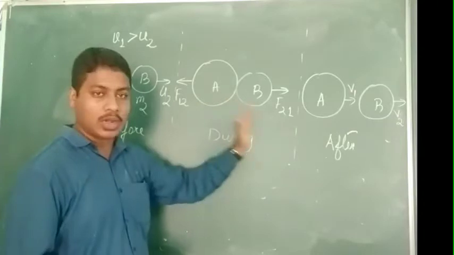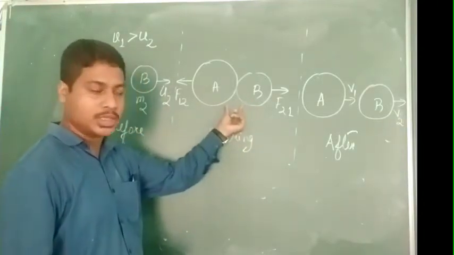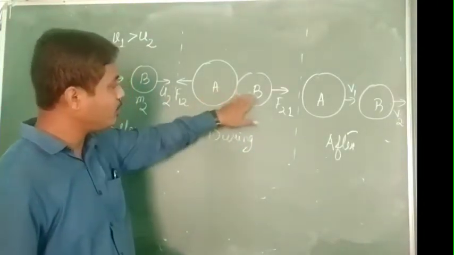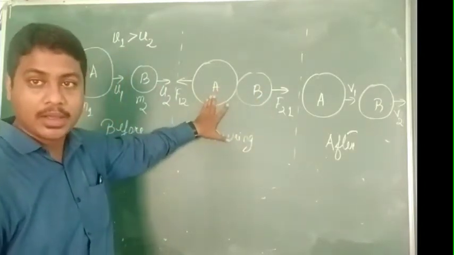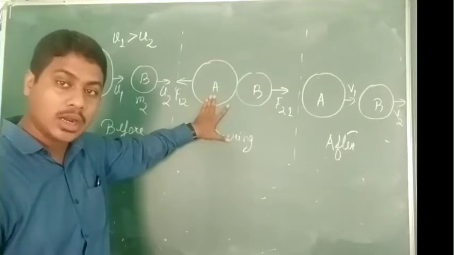When the objects collide, this is the during-collision condition. Object A will exert a force on B, and similarly B will also exert a force on A. This is according to Newton's third law.